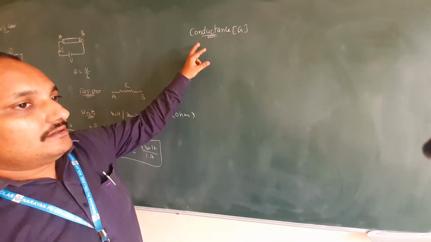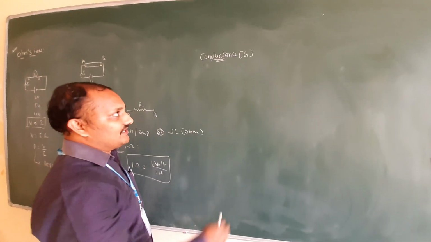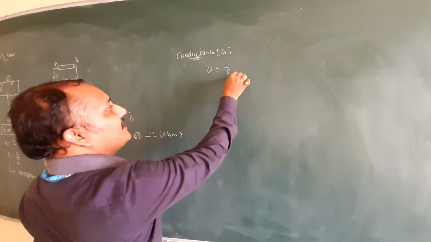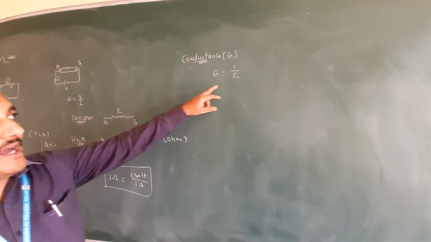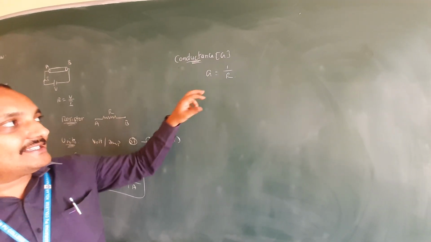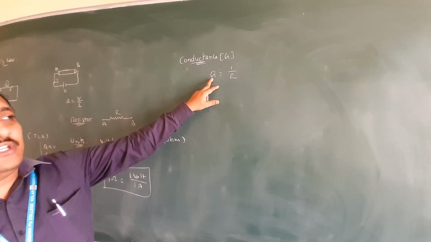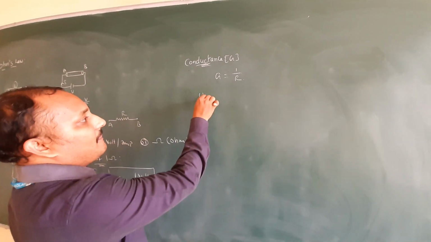Okay. So next one, conductance. What is the conductance definition? Very simple. Conductance is nothing but the reciprocal of resistance. Reciprocal means reverse, 1 by R. R is resistance. Reciprocal of resistance is called conductance. It is denoted by G in some books. G is equal to 1 by R. What is the unit of conductance?